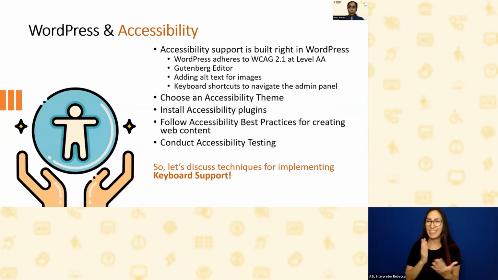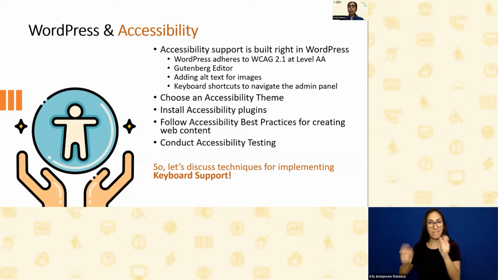So when it comes to WordPress, accessibility is a big title. There is support for adding alternate text for images. There is support to access the admin panels using keyboard shortcuts. I can even control my website using a screen reader, interact with the admin panel and different controls, and configure the settings.